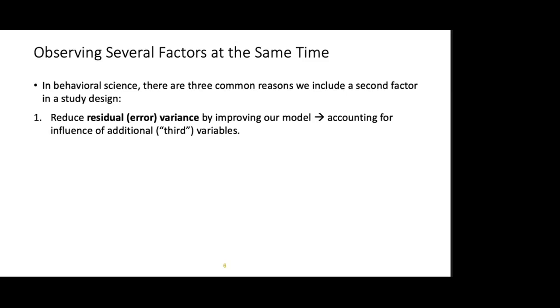Second, we can increase our model variance, so we can increase the proportion of variance in our dependent variable that is explained by our model. That's accounted for by our second factor, or by our second independent variable. Third, it is also possible that our hypothesis requires a second or third independent variable, right?